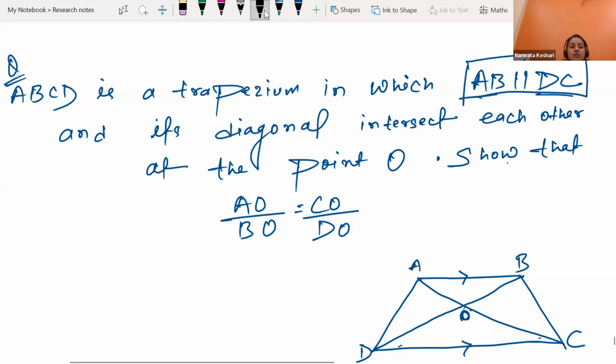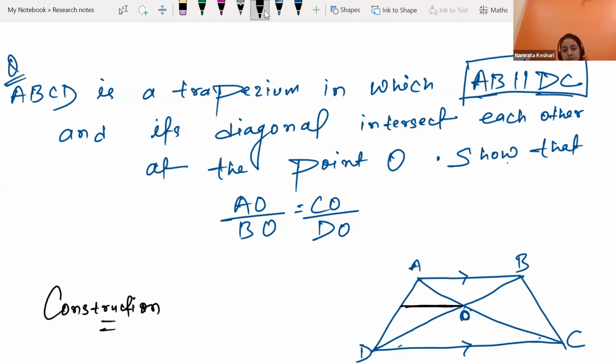A construction is required which will help us to prove whatever we want to prove. What will we do? We will draw a line like this, EF, and let's say that EF is parallel to AB.